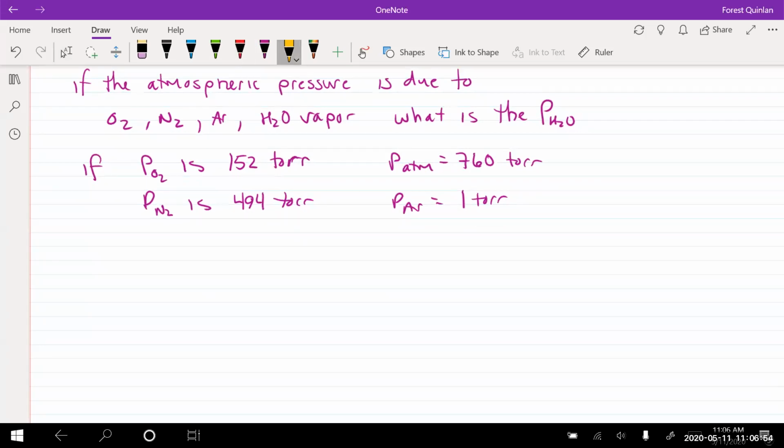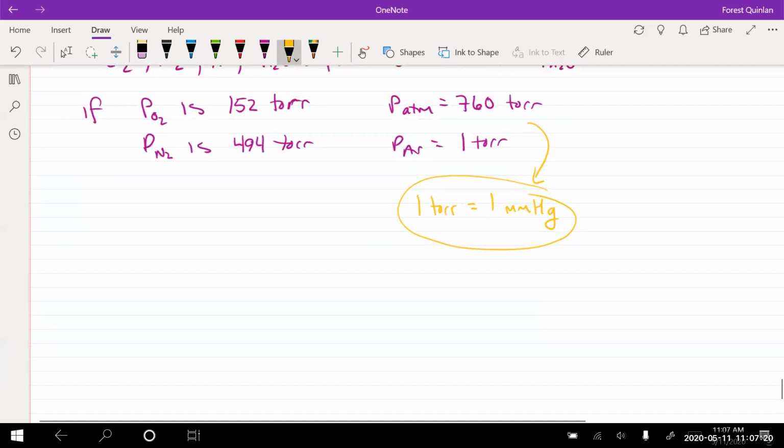So it should be noted that one torr is equal to 1 millimeter of mercury. It's inconsequential for this because since everything's on the same units, it doesn't matter.